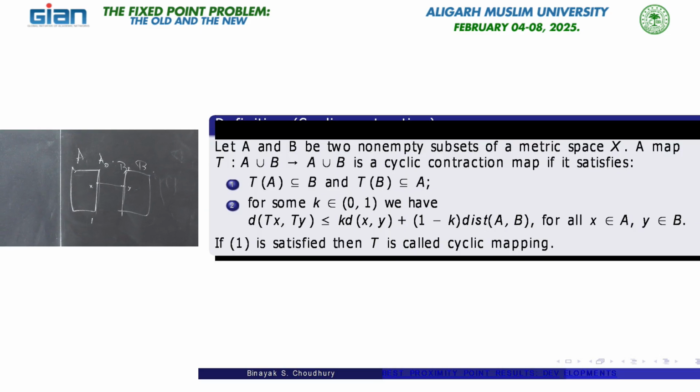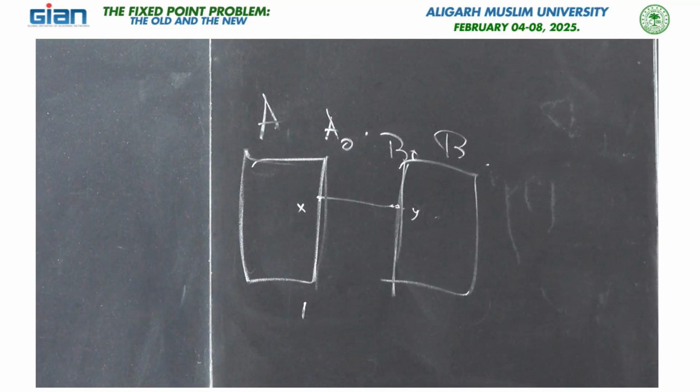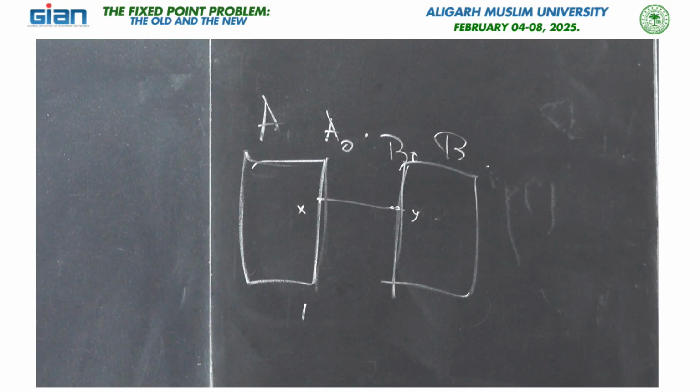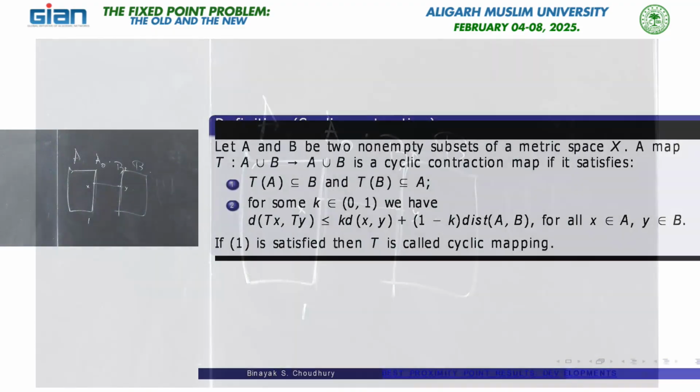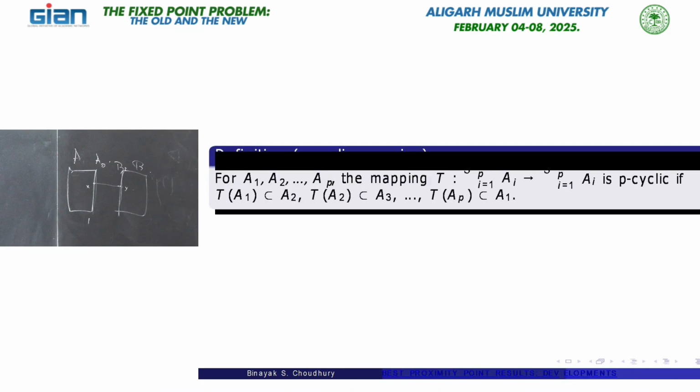It can be extended, as you can see. In the literature, you will find p-cyclic mappings. That means A1 is mapped to A2, then A2 is mapped to A3, and An is mapped back to A1. In this way, we have a p-cyclic mapping.